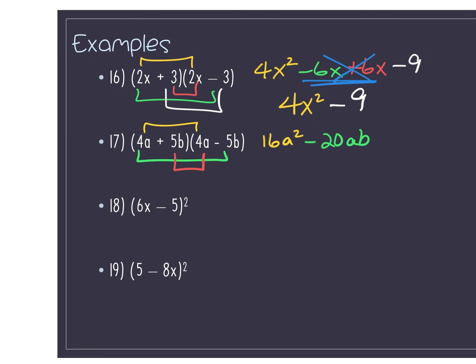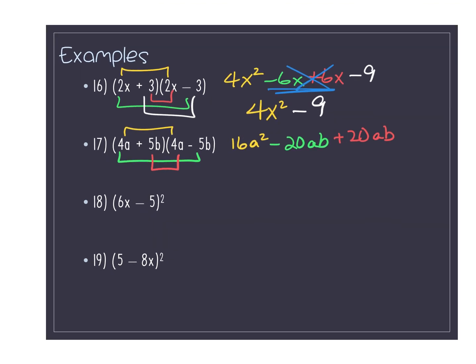So you may think, well, this should be positive 20BA, but if you're doing 5B times 4A, it's easier to recognize the like terms if you write them alphabetically. And then the last term on this becomes 5B times negative 5B, which gives me negative 25b squared.